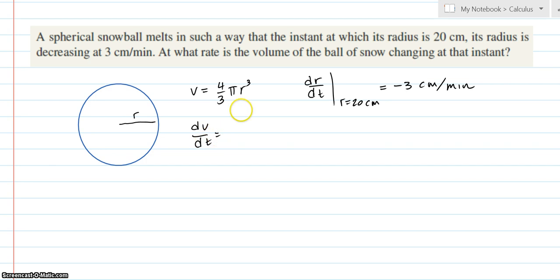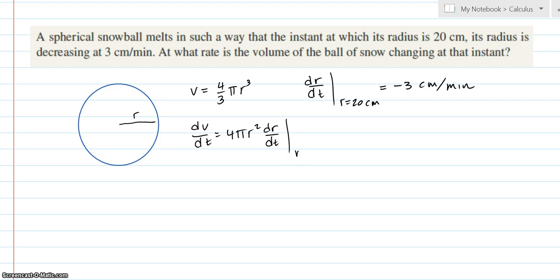Do method 1, which we know is 4 pi r squared. It's not the same variable here, and r is changing with respect to time, so it's not constant. So we know we need to multiply this by dr/dt using the chain rule. And if you notice, you can plug all this in.